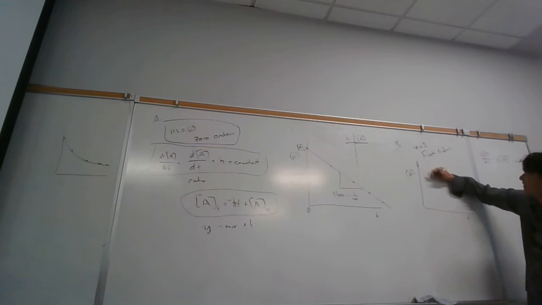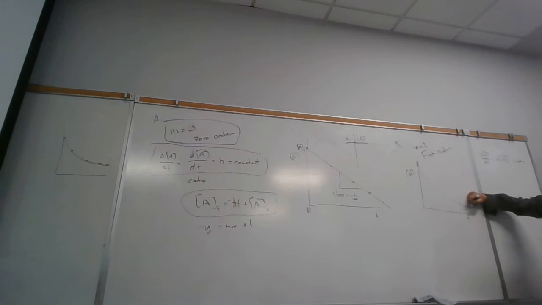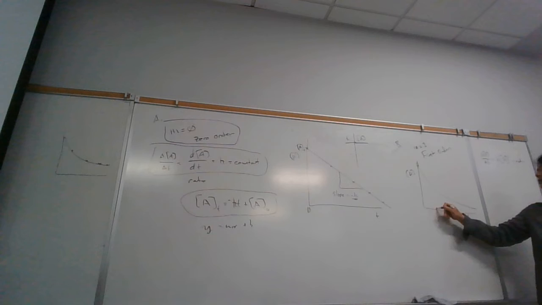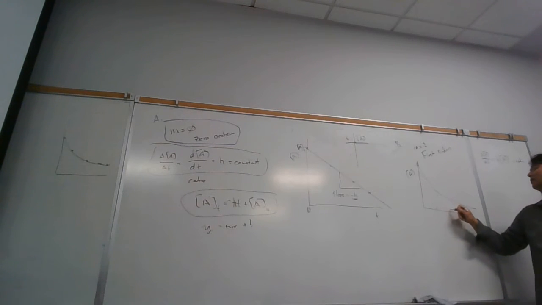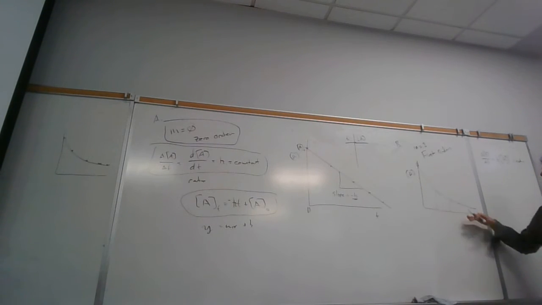This curve is slightly off, but I get something like this. So each time I cut the concentration in half, the rate, which would be the slope at that point, gets cut in half. It's hard to see here.